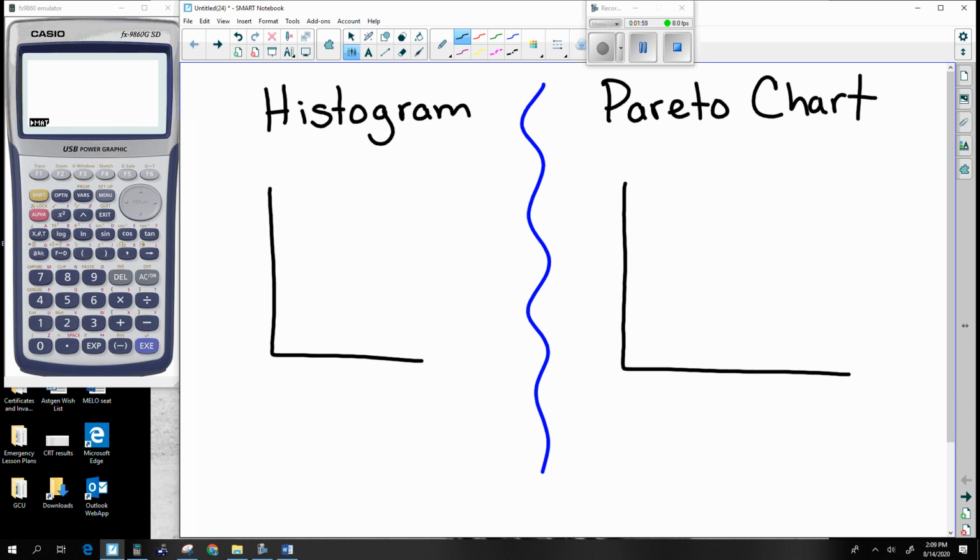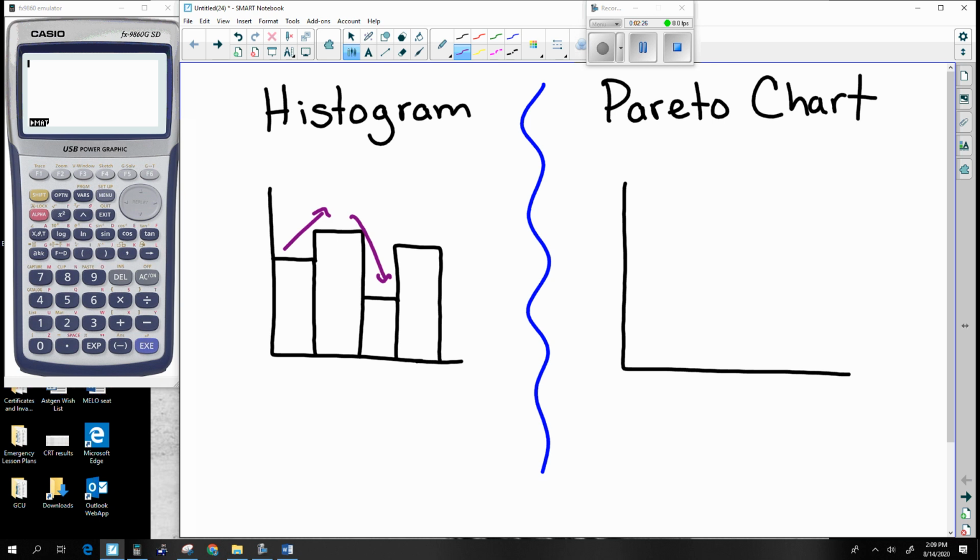However, the difference is this. A histogram is a bar graph in which the bars touch. Also in a histogram, the bars can go up, they can go down, they can do whatever they need to do.